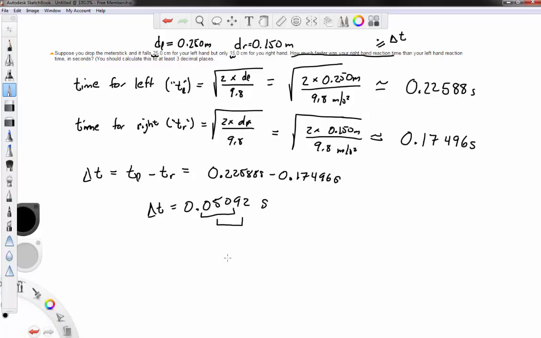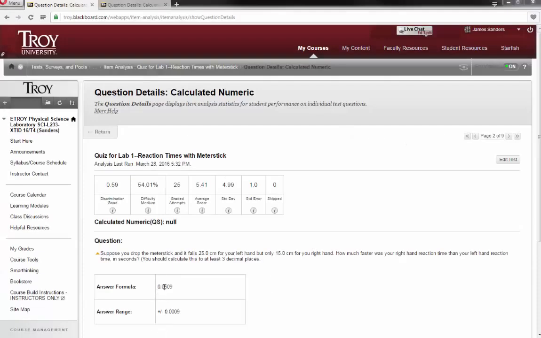And again, the way that you'd actually enter this, even though it says in seconds, is there's a blank space to enter your answer, and you put 0.0509, and then that's it. Then you enter that. No units, and it should be marked correct as a result. So again, that matches with the correct answer. If you put 0.051, that's fine. You're within the margin of error.